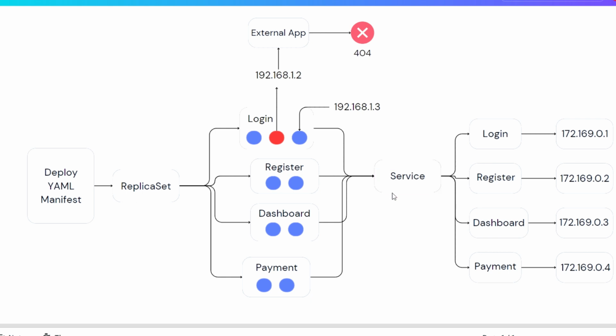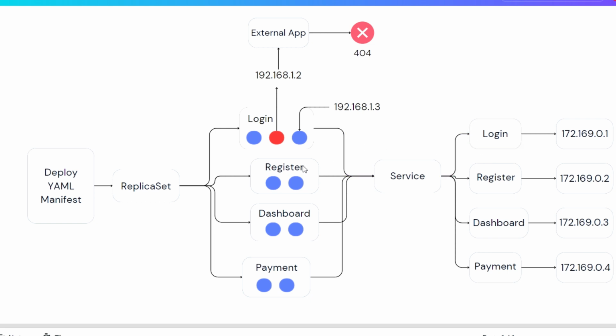Every pod is labeled with some name. These pods are labeled with login, these pods with register, these with dashboard, and these with payment. According to their label reference, the service will select those pods and make a group of them.